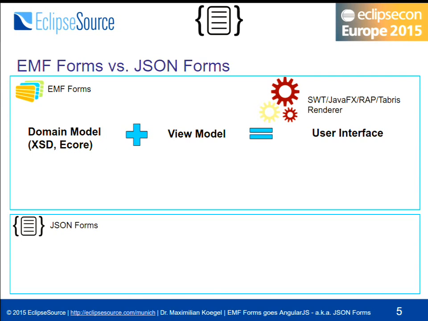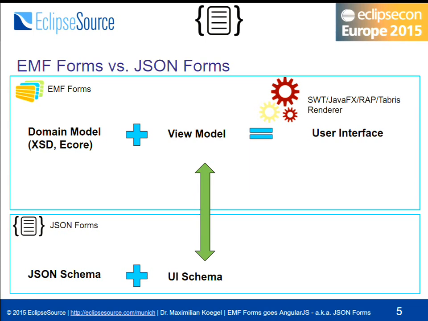Now in JSON Forms, which we have down here, the domain model, as I said, relates to a JSON schema. So I can go both ways. I can take an eCore and make a JSON schema out of that, or take a JSON schema and make an eCore out of that. And same goes for the view model. I can take a view model and generate a UI schema from that, or I can take a UI schema and generate a view model.